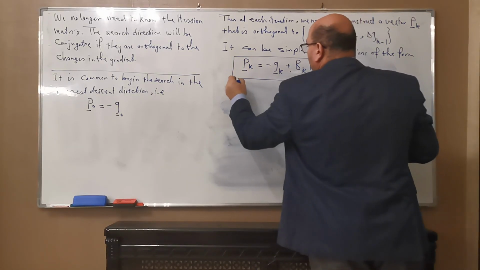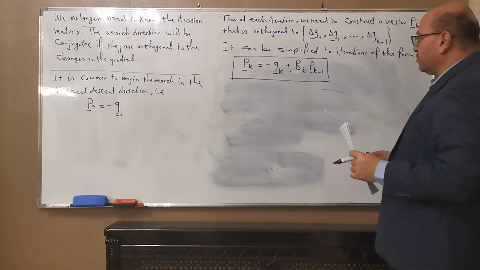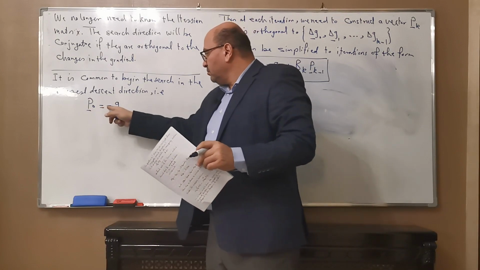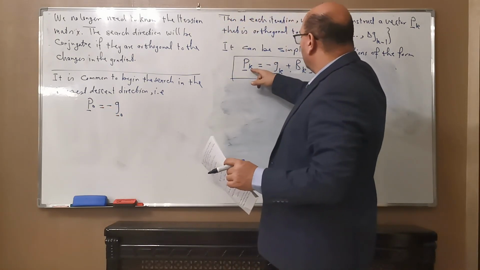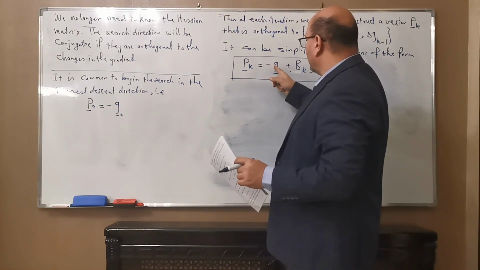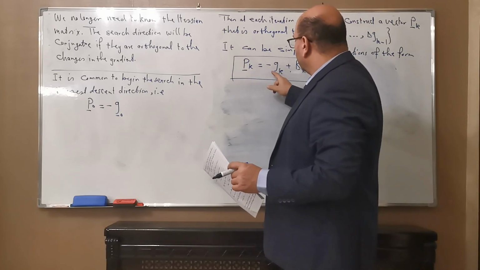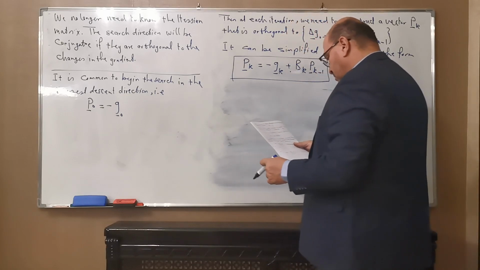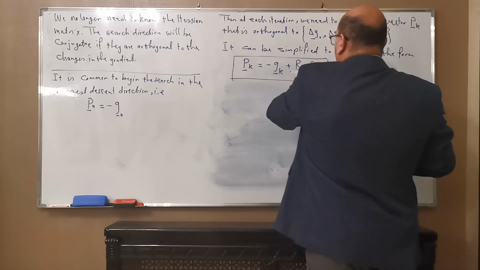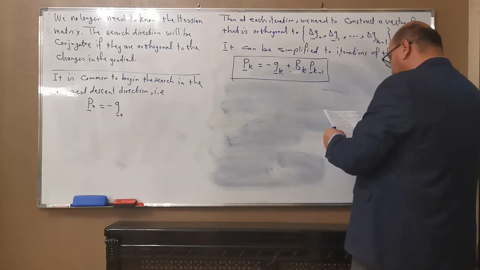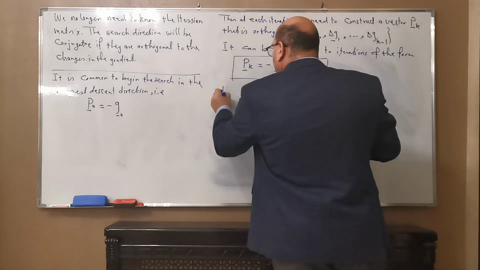Sorry, beta sub k is a constant. So this is how we are going to reconstruct this, as if you are starting from P0 equals minus G0, and then for the next iterations, you're going to take this one. So if you make this one to be P1, it's at k, and this one is at P0.